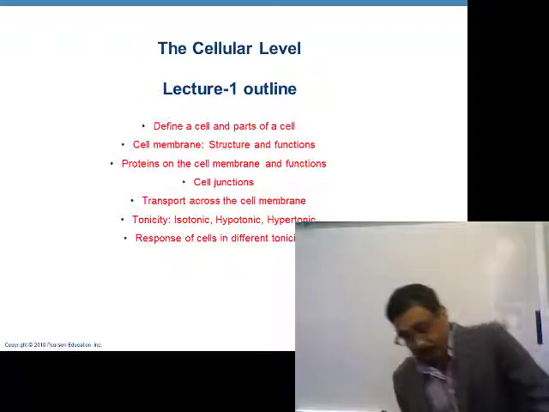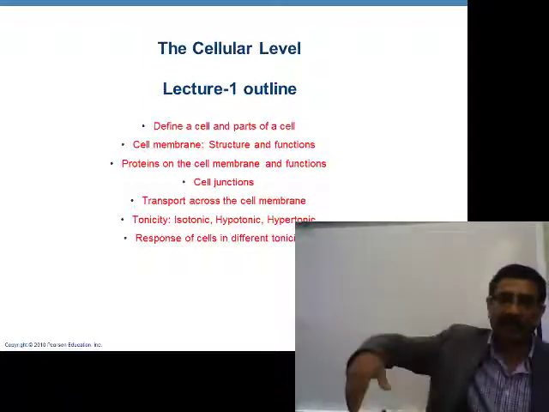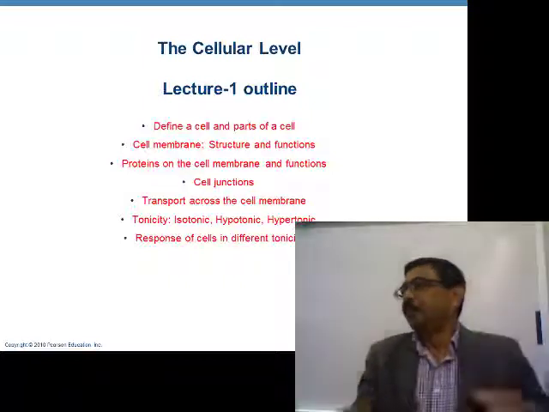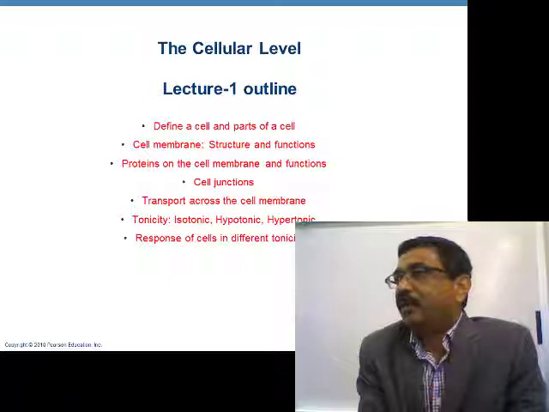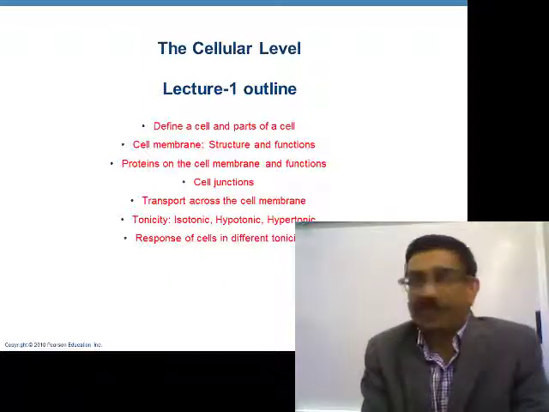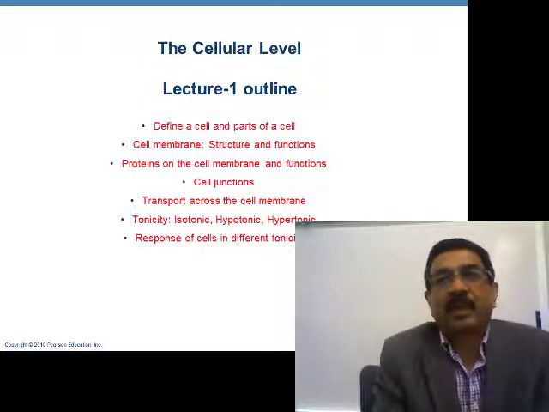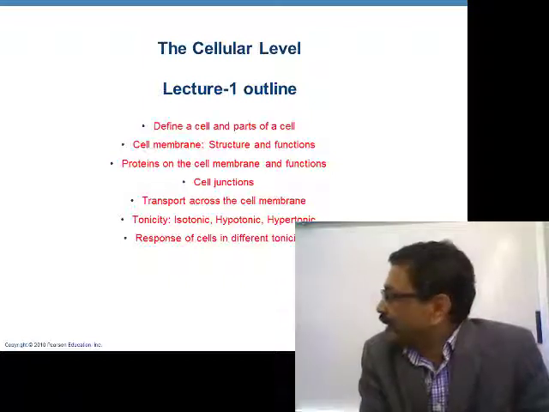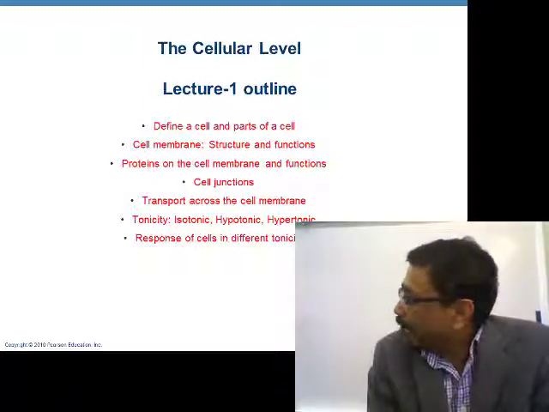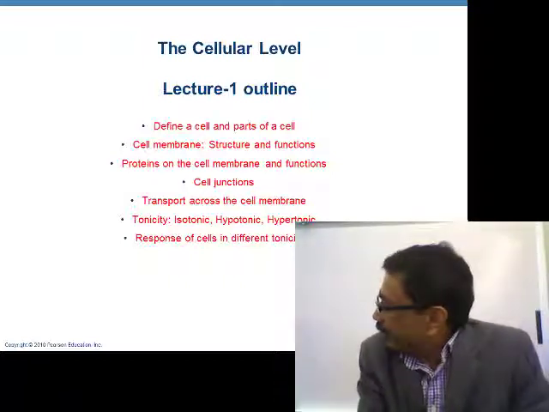If you see the structure of a cell membrane, you have two things mainly: phospholipid and proteins. So first we will talk about the proteins on the cell membrane and their functions.